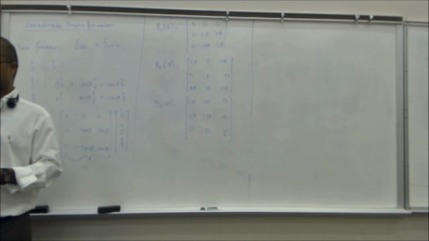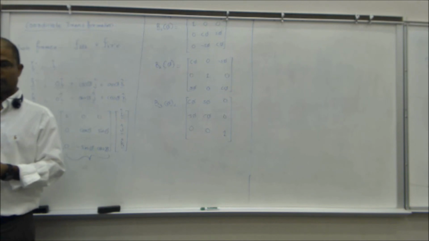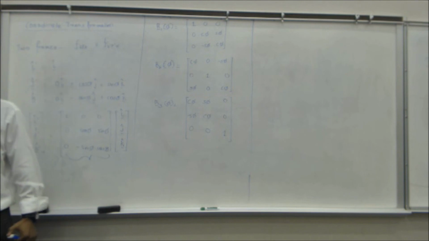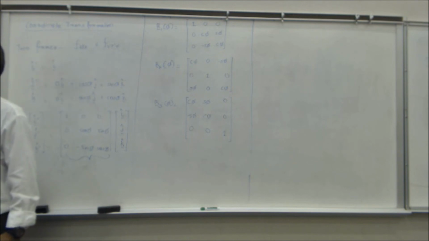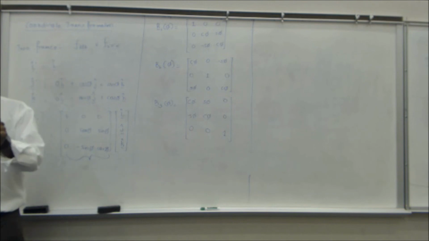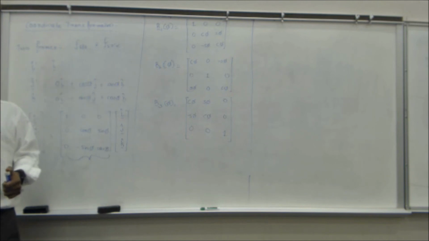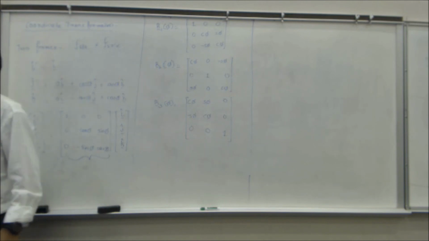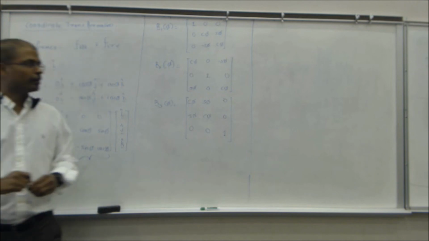It is about the z-axis. The way of looking at it is that z and z1 are the same, so it is about the z-axis, because that axis remains and doesn't move. So that is the first rotation.